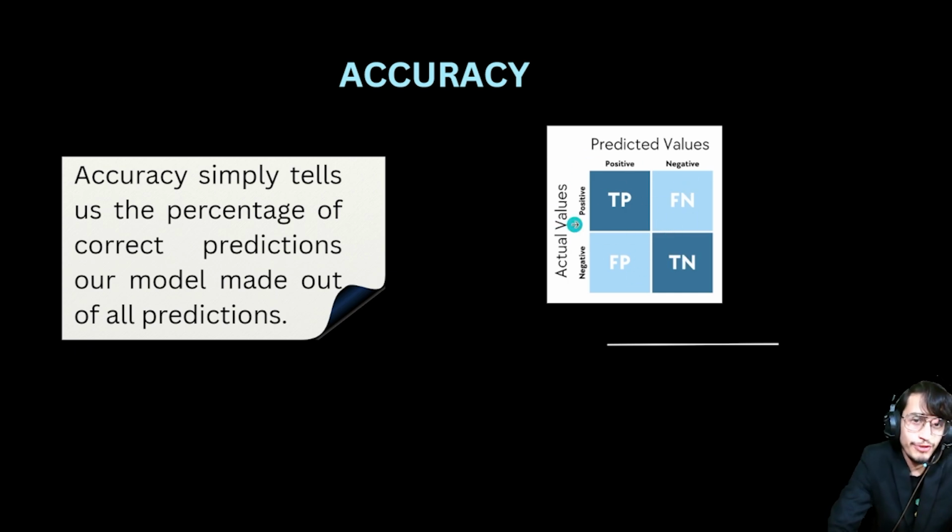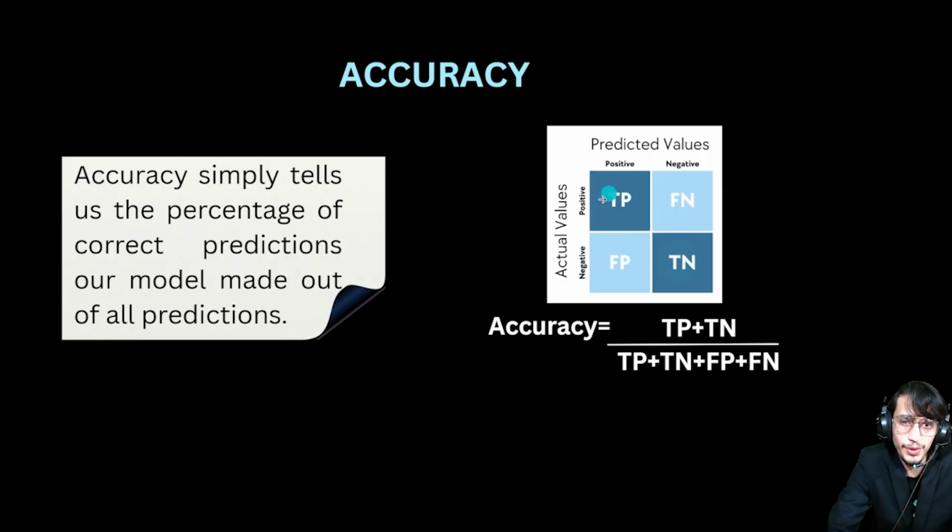So the formula of accuracy is true positive plus true negative upon true positive plus true negative plus false positive plus false negative. In accuracy, we just take all the values and calculate what percentage are correct.